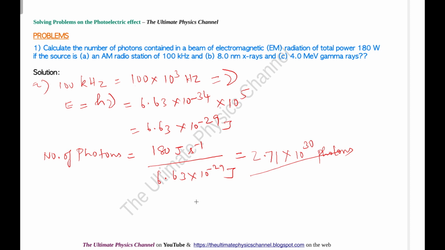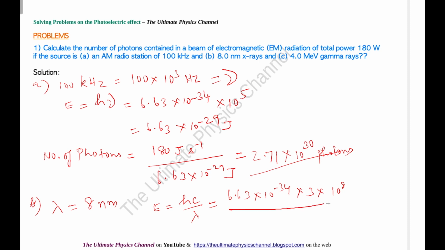Right, the second case, let's move to do that. B, that is an 8 nanometer X-ray source. Here the wavelength lambda is given as 8 nanometers. The energy of each photon in such a radiation would be hc over lambda, and that is 6.63 times 10 power minus 34 times 3 times 10 power 8 for c, over 8 nanometers, so 8 into 10 power minus 9.